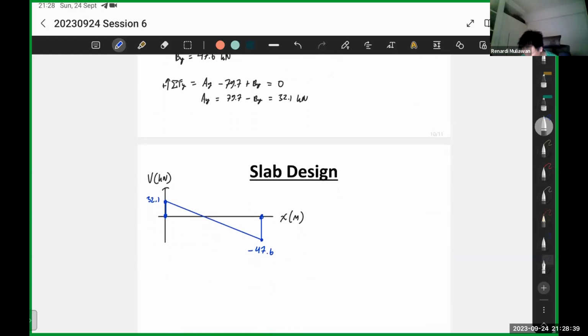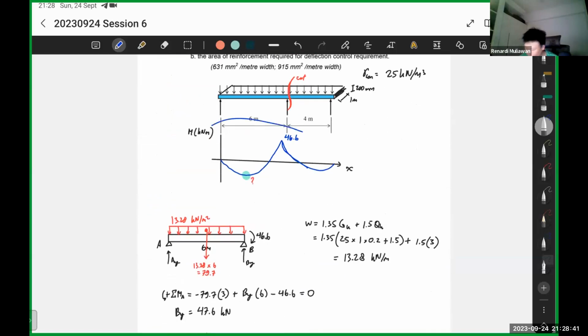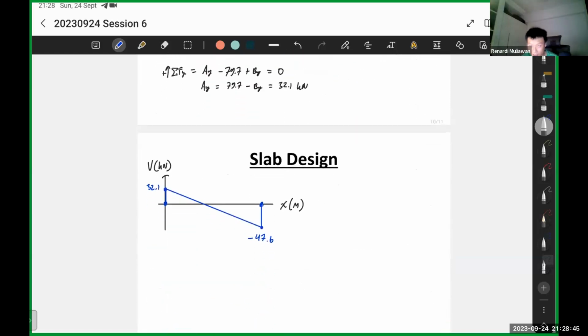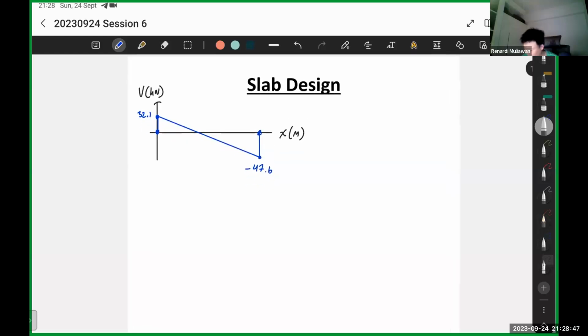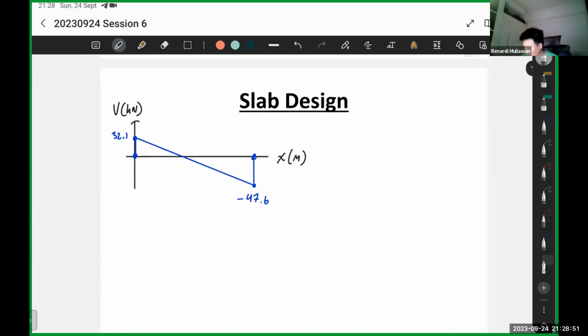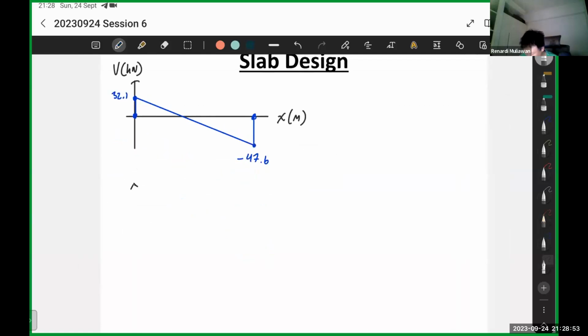Okay. You can actually draw the bending moment diagram, but in this case I won't, because it's not really important, I guess. Oh, actually, I'll just show you that. You don't need the second part, the bending moment diagram. I'm just showing here.